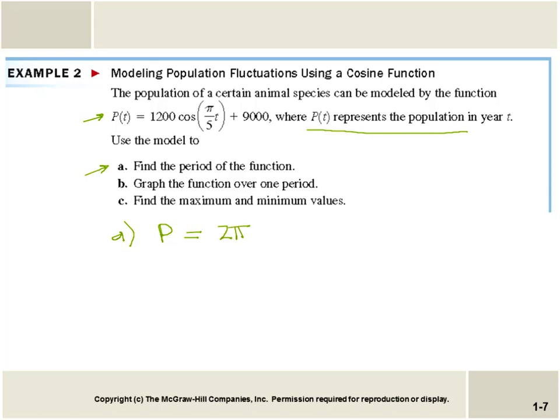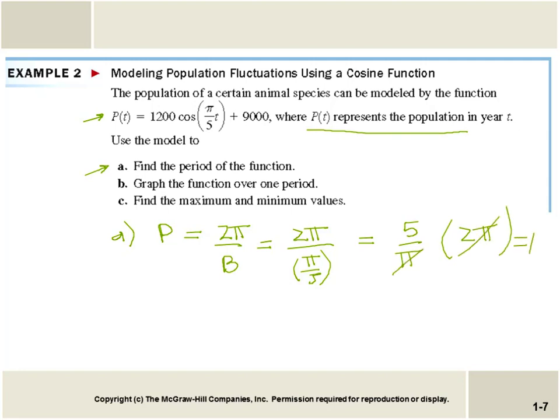What's b? Good. Pi over 5. So that means my period is equal to 5 over pi times 2 pi, which is 10. All right?